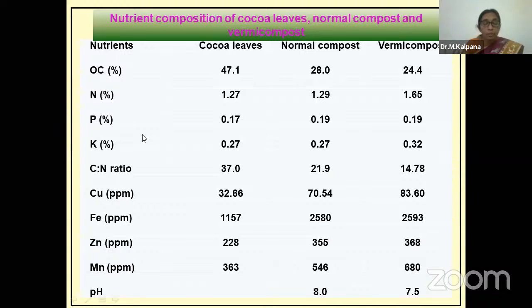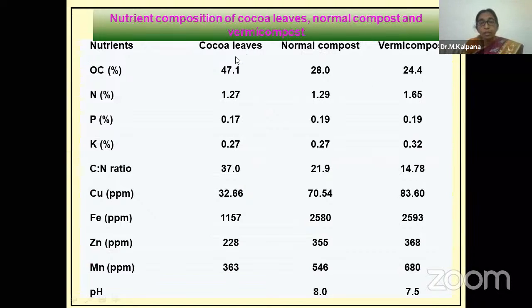Because of that, the CPCRI Research Station undertook this vermicomposting technique with cocoa leaves and cocoa husk. They compared the nutrient content in the cocoa leaves under normal composting.